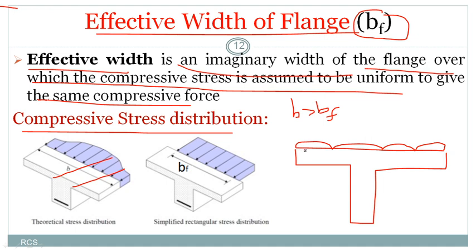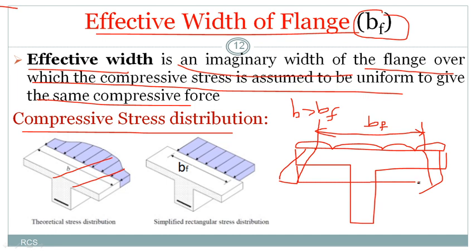Because of load, the ends of the beam may not have the capability to resist the loads coming onto them, and may bend like this. So from this figure I can say the effective portion of the width is this one, right? The region in which the width of the beam is effective in carrying the load will be considered as the effective width of the flange, bf. From here to here is called the actual width. See, your actual width is greater than bf, right?